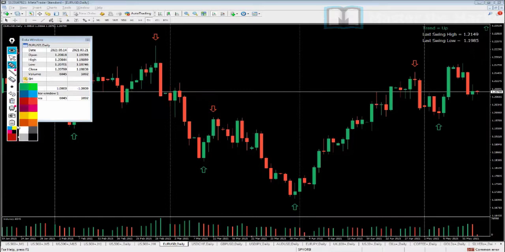So let's take a look at this uptrend from this confirmed bottom to this confirmed top. So we have a low here, a top here, a bottom here. So what do we have? We have a higher low, and we have a higher high.